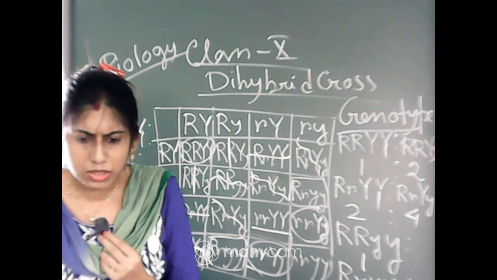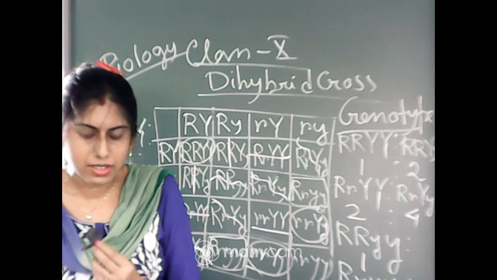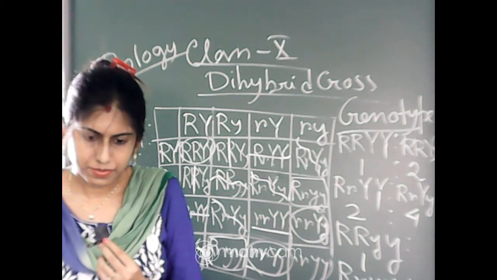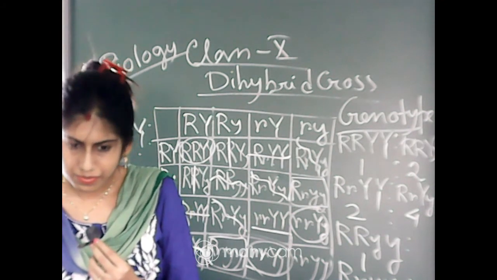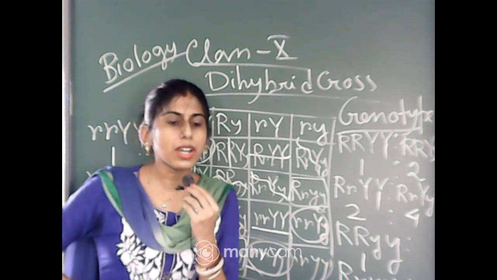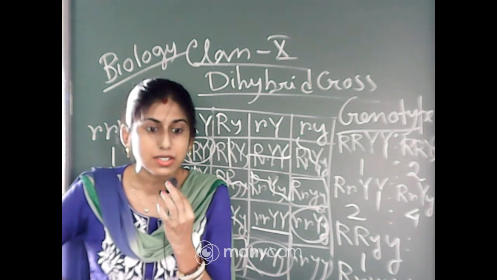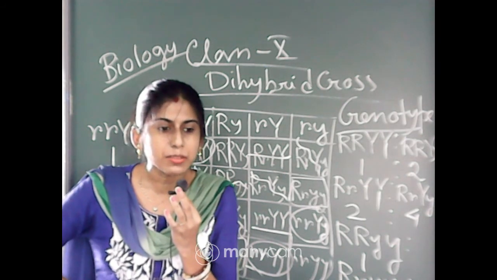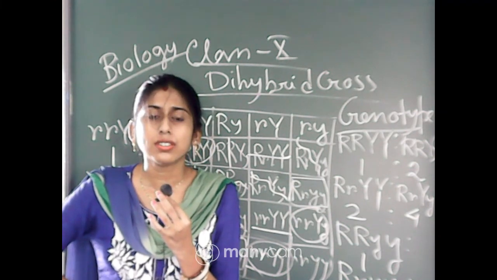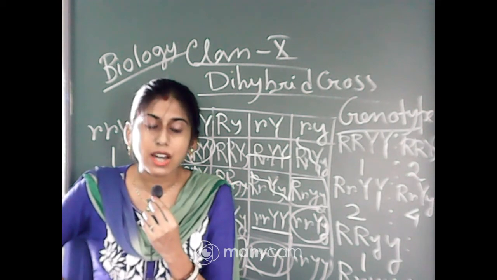What do you mean? I didn't get it, Chetna. Yes, Anindo, you can ask. The difference between genotype and phenotype: phenotype means the observable characters, and genotype means the genetic constituents. Observable characters means whatever we can see, like the man is tall, the man is short, the plant has red color flowers.